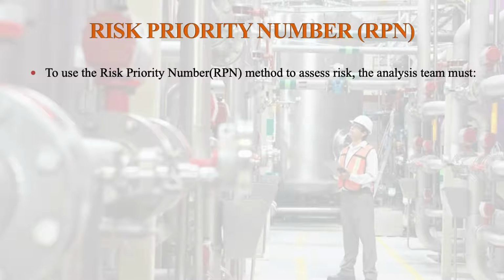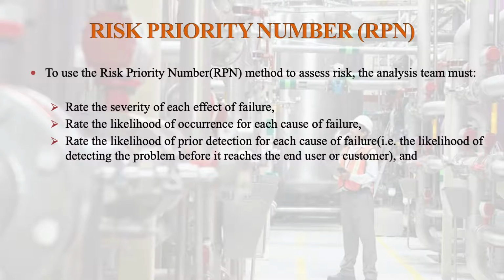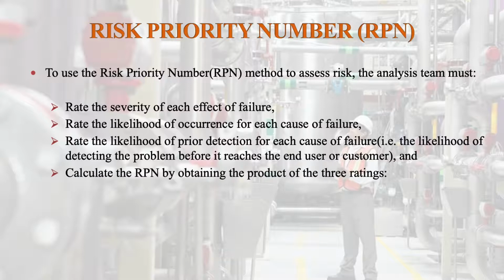To use the risk priority number method to assess risk, the analysis team must do these things: rate the severity of each effect of failure, rate the likelihood of occurrence for each cause of failure, rate the likelihood of prior detection for each cause of failure, that is the likelihood of detecting the problem before it reaches the end user or customer, and then calculate the RPN by obtaining the product of the three ratings.